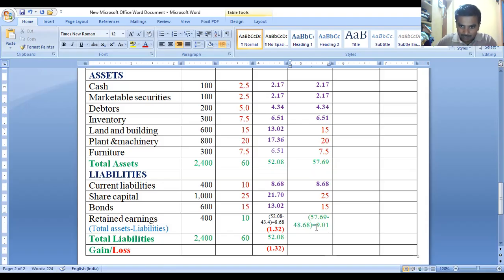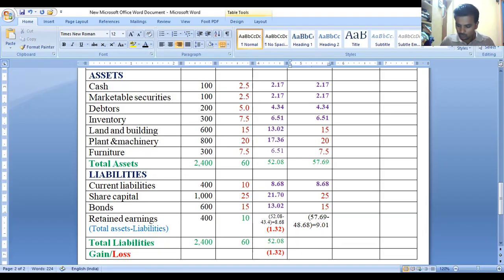Next, you can compare 9.01 with the 10. Here there is a loss. How much do we need to add to equal 10? We need to add 0.99, and it will become 10. So this is also a loss.